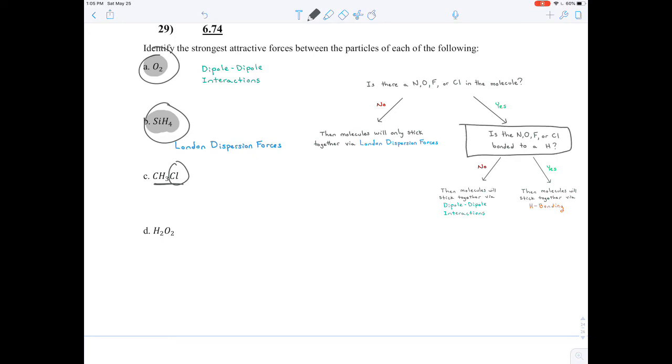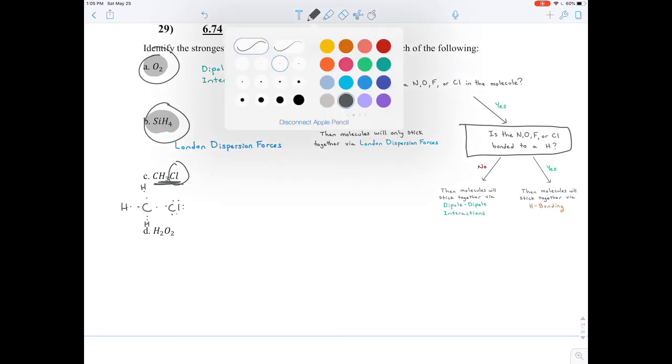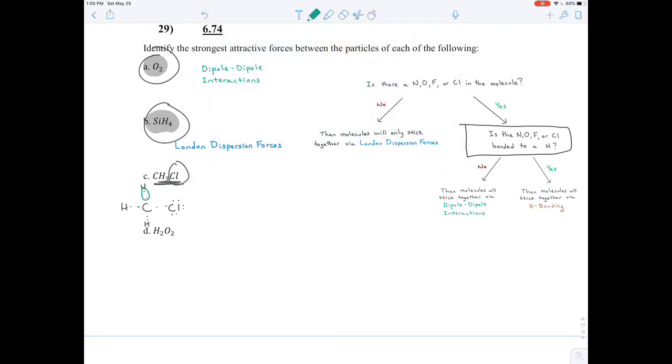Is the nitrogen, oxygen, fluorine, or chlorine bonded to a hydrogen? Now this is kind of tricky because it is written next to a hydrogen. But if you were to draw the Lewis dot structures of each of these atoms, you would see that carbon has 4 dots, each hydrogen would have 1 dot, and the chlorine would have 7 dots. And the only way all of these can fit together is if the hydrogens each attach to the carbon and the chlorine attaches to the carbon.